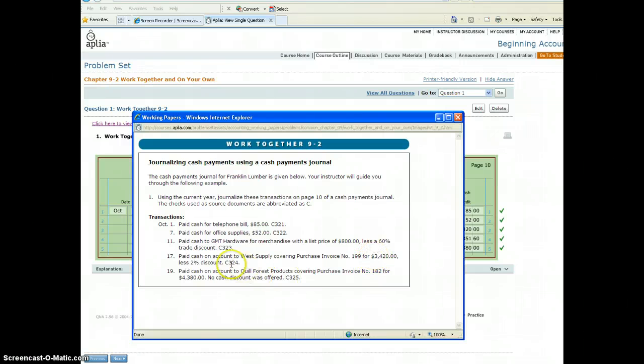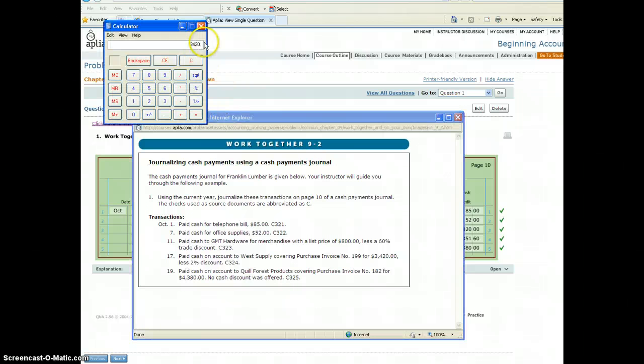The next thing that we need to do is figure out what our discount is. $3,420 times 2% or times 0.02. Okay, you can open up your calculator, type in 3,420, multiply times 0.02. Oops. Clear that out.